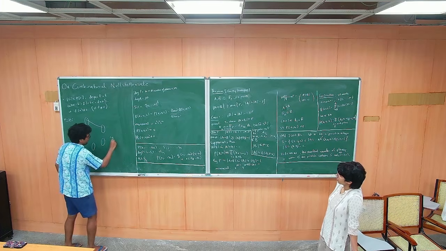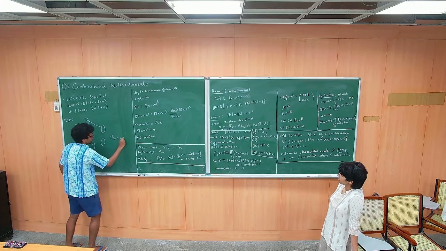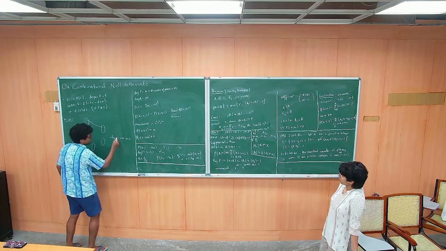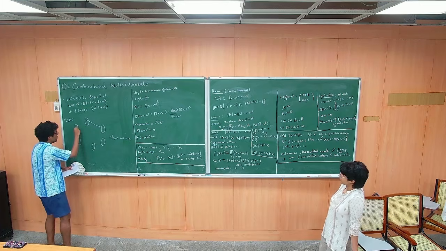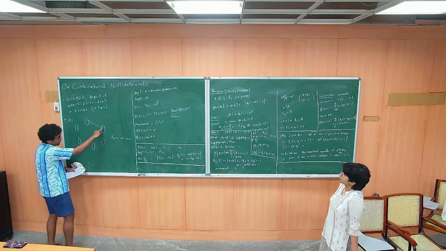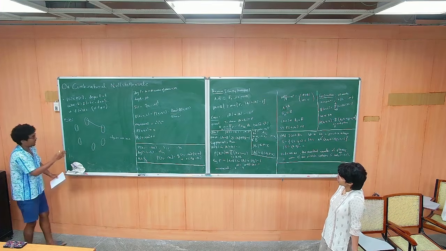So an edge means not the same. Observe that every vertex will have at least one different number here and one different number here at least. They can have more.